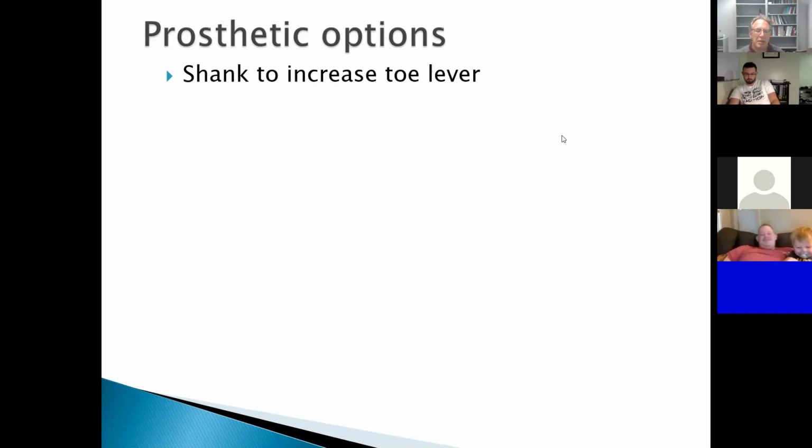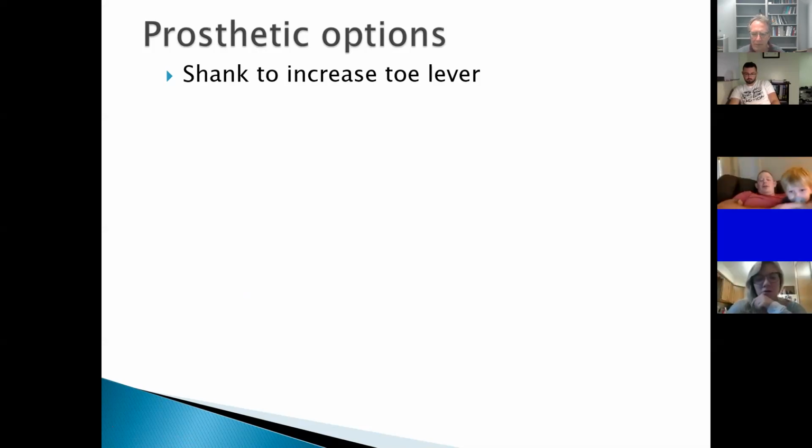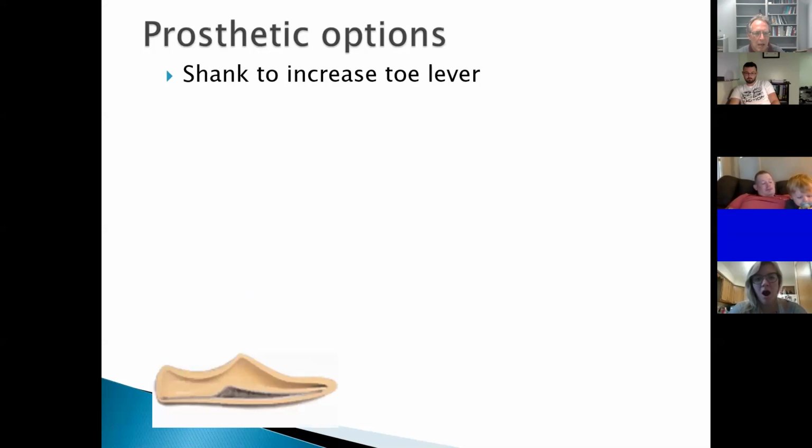Okay, so what we can do with patients with this type of amputation is include a shank as part of the shoe or the prosthesis to lengthen the toe lever. And here, what you see is a prosthesis that somebody might have. Now, unfortunately, the expression shank has 3 meanings.